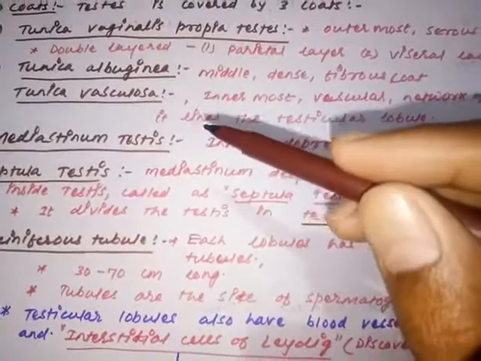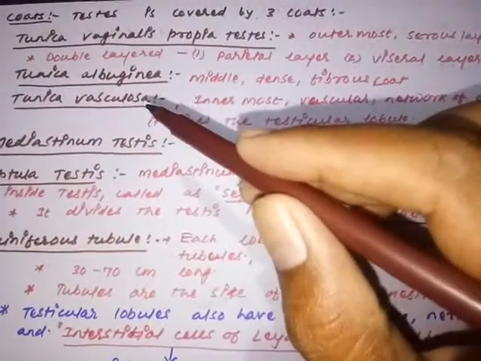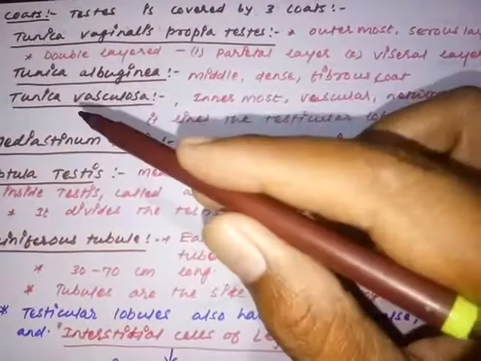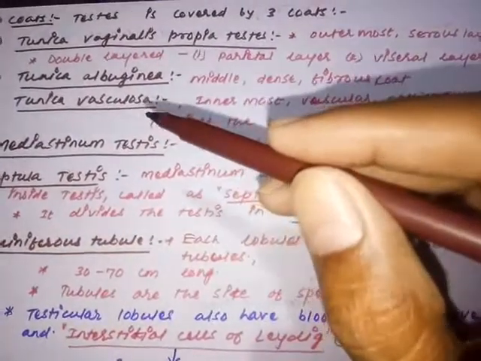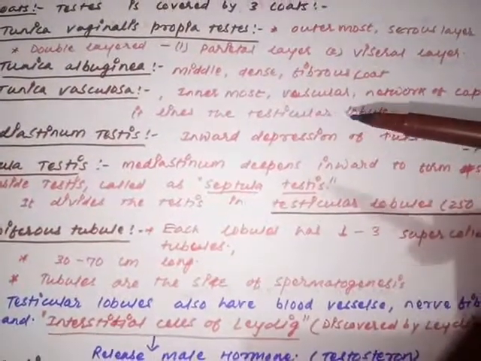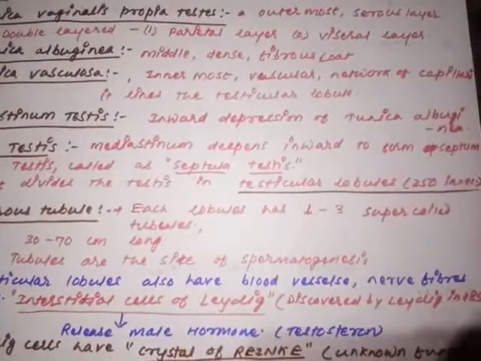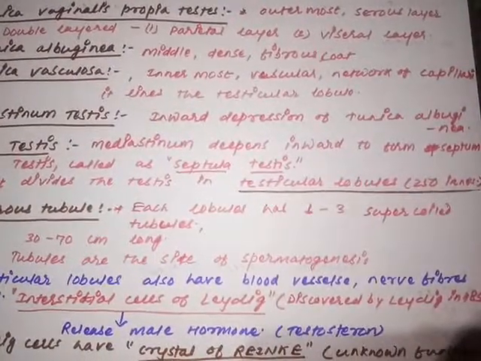The third one, tunica vasculosa. Tunica vasculosa means what? Vascular layer. So tunica means layer or covering, vasculosa means vascular covering. So this is the innermost covering which is vascular in nature. Vascular in nature means what? This is made of a thin network of blood capillaries. Are you getting my point?